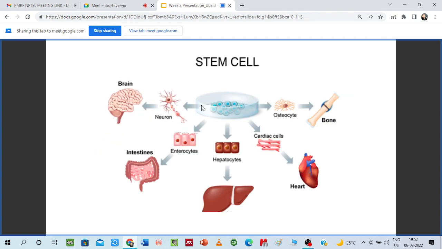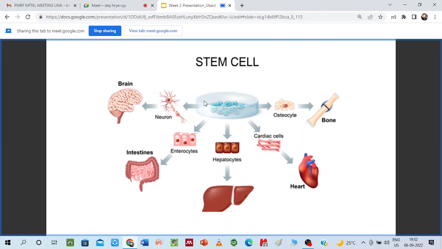If we specifically want to make cardiac cells or cardiomyocytes, and if we know the transcription factors which are required so that these stem cells will make these cardiomyocytes, we can take stem cells, add these transcription factors, and we will get cardiomyocytes. So any type of cell we can get in days using the transcription factors.